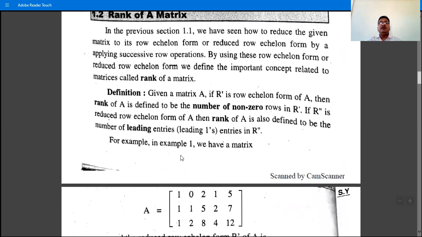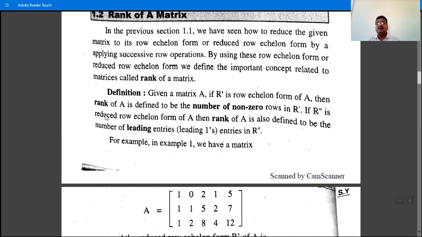Next is the rank of a matrix. So given a matrix A, if R dash is a row echelon form of A, then the rank of A is defined as the number of non-zero rows in R dash. So the simple definition of rank: the rank of a matrix is equal to the number of non-zero rows in its row echelon form.